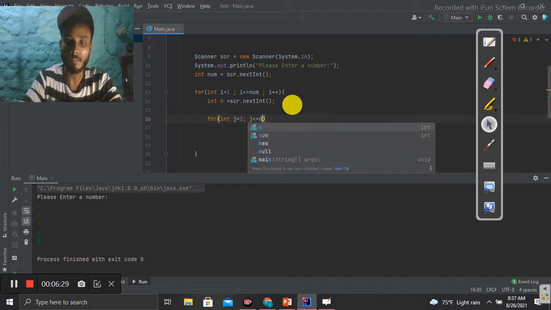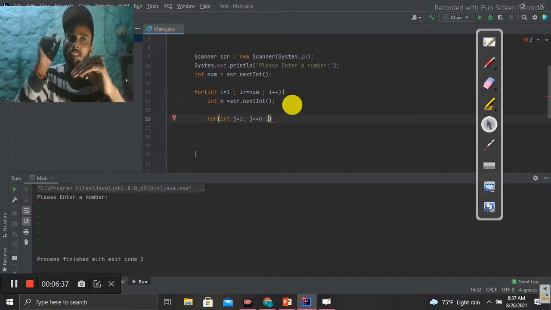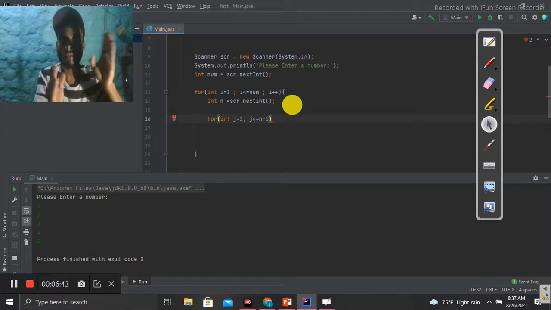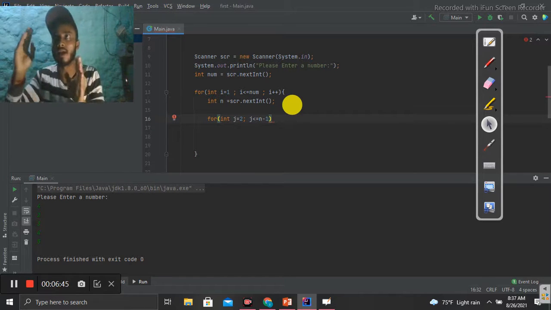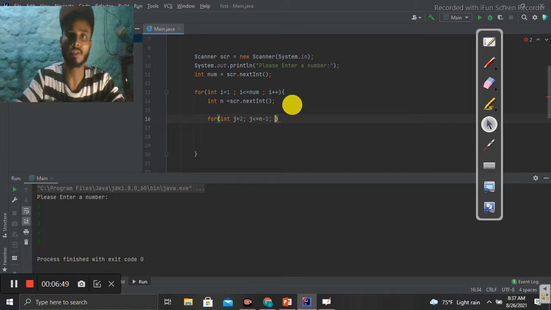Suppose n is 7, then n is also divisible by 7, so we always take between 2 and n minus 1, with j plus plus incrementing by 1.